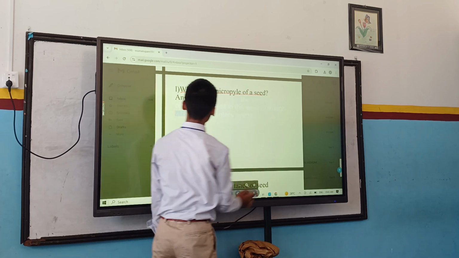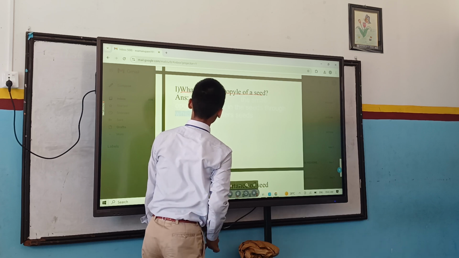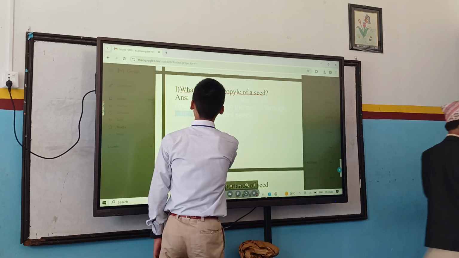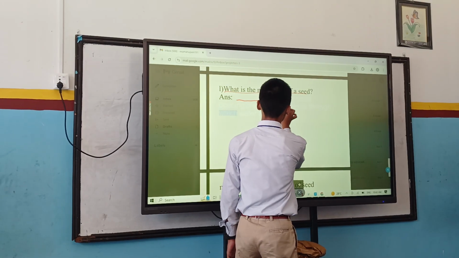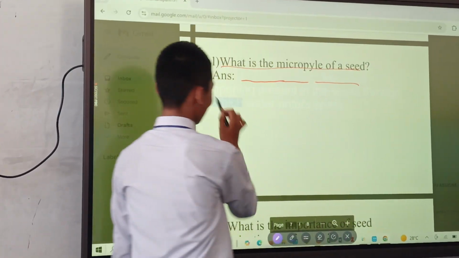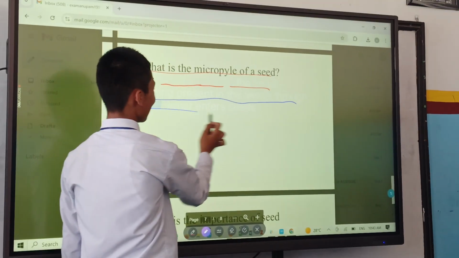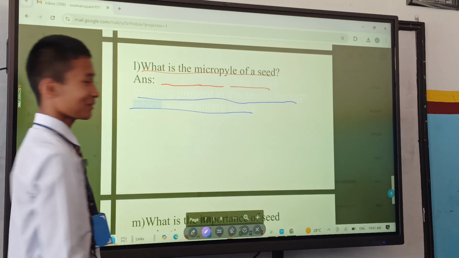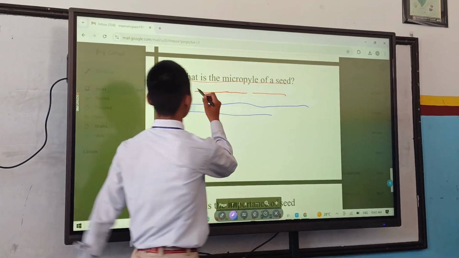What is the micropyle of a seed? The micropyle is the small opening present in the seeds through which water enters.